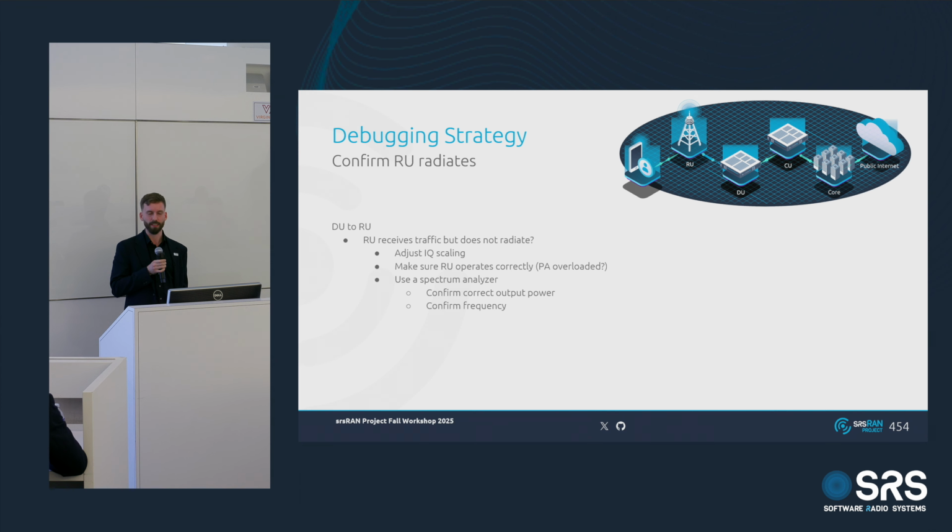So make sure in the logs of the RU that it's operating properly. And if you have the possibility, use a spectrum analyzer. If you start with 20 megahertz, you should be able to use a simple USRP like a BladeRF, Pluto, B200, something like this, in order to create a simple spectrum analyzer to see what is the output power and is it actually sending something on the correct frequency?